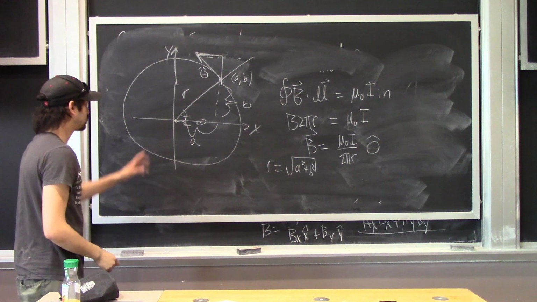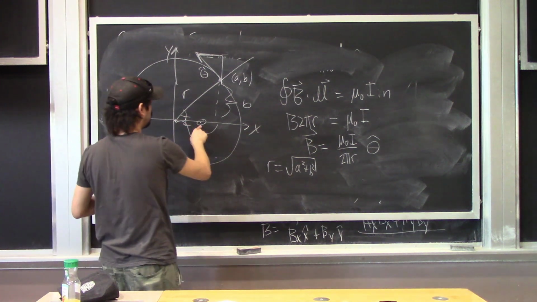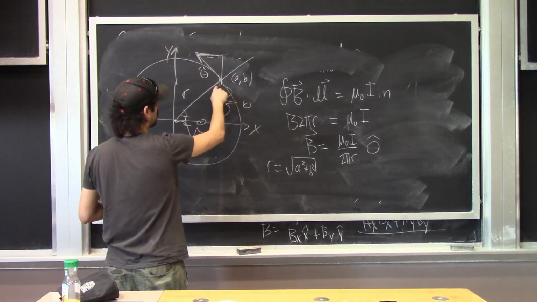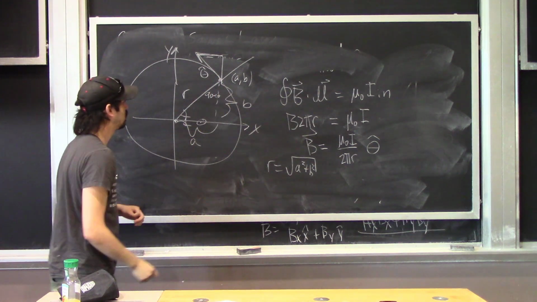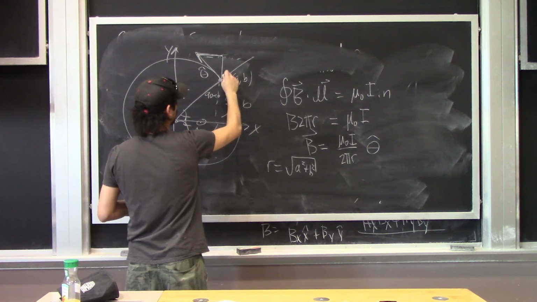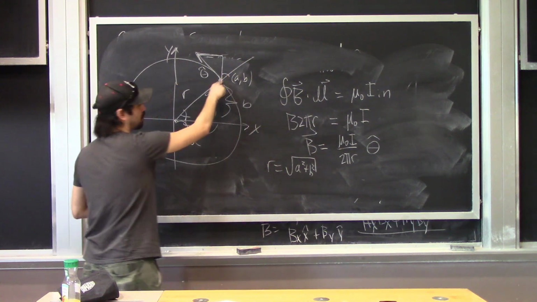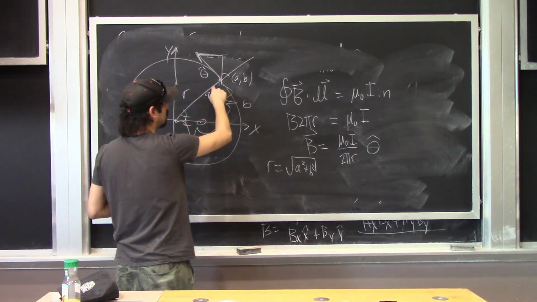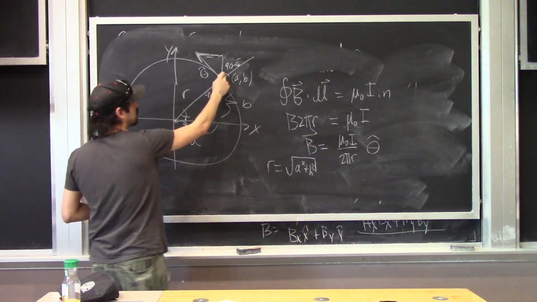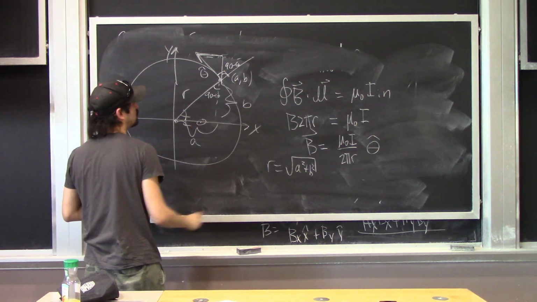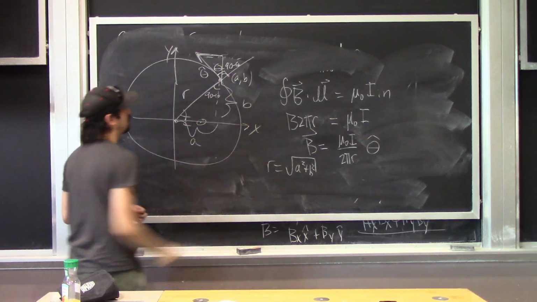If this is the angle theta, this is the angle of 90 minus theta. This right here is the same angle that I have here, right? This angle and this angle are the same. This is 90 minus theta. This right here is 90 degrees. And so this angle here is theta.